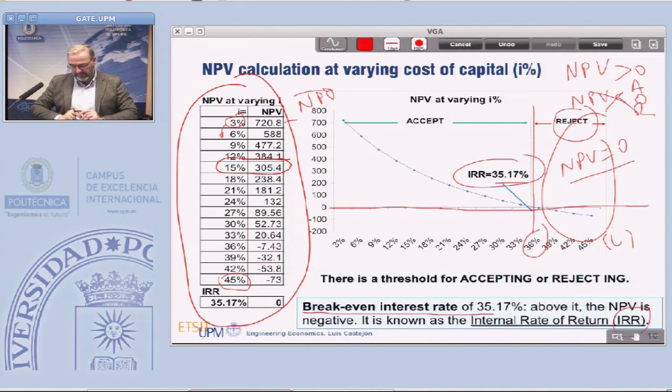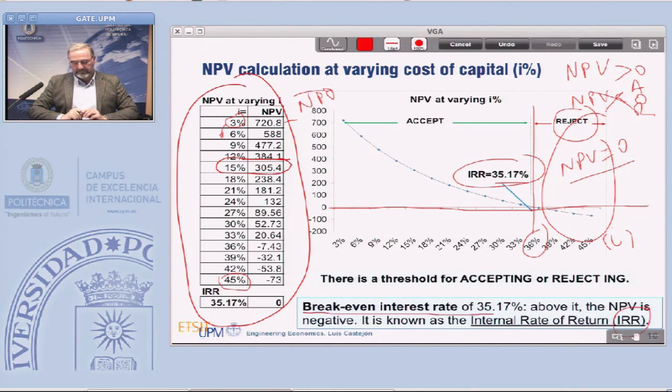The internal rate of return is a very important concept in financial analysis because it tells us the internal return of this project, the real return of this project. With this IRR of 35%, our money will have a return of 35%. That's the main meaning of the IRR.